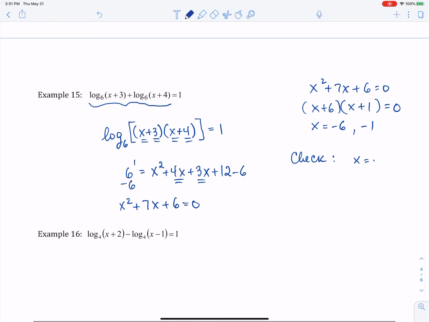We're going to find that this is not a good solution, even plugging in only one part of the problem, because we receive a negative number inside the logarithm, which is not possible.